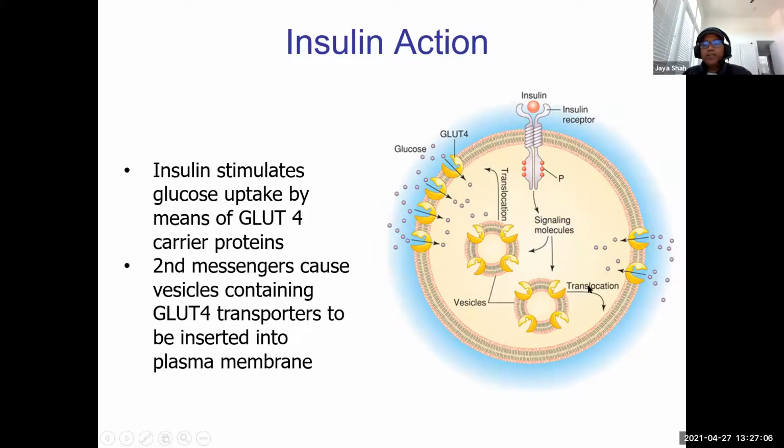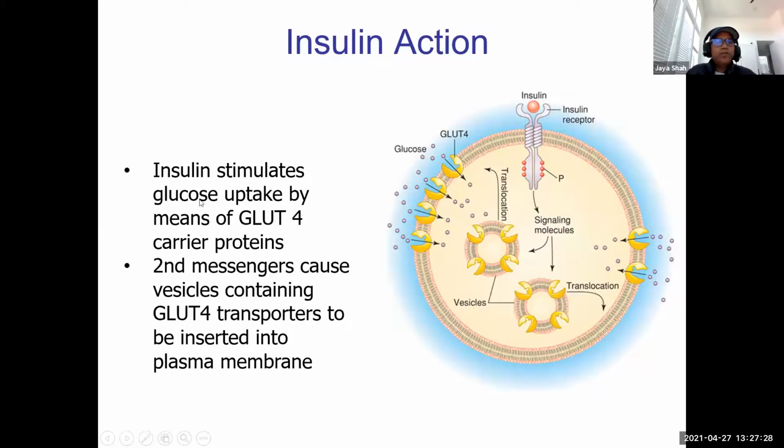Then they translocate them to the plasma membrane. And when they translocate, which protein is this? These are GLUT4, glucose transporter 4. And once they put channels in, glucose can easily get inside the cell. And then this cell uses this glucose to make ATP, and you reduce blood glucose.